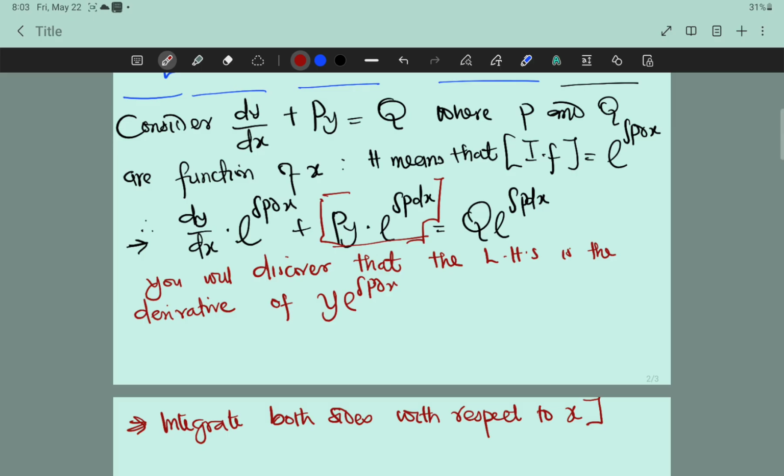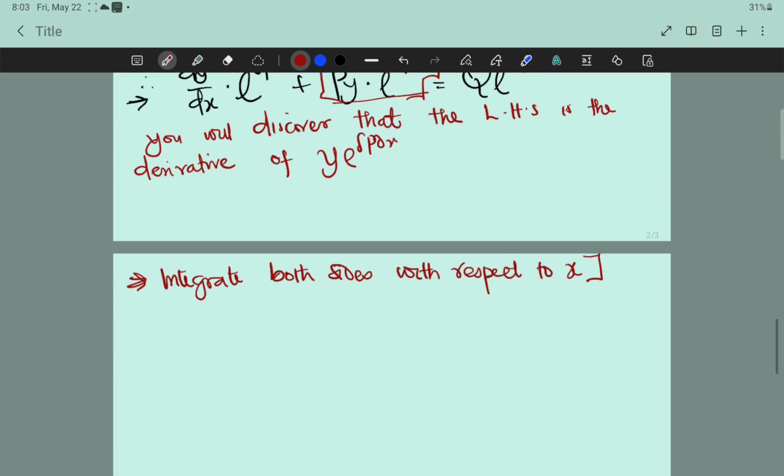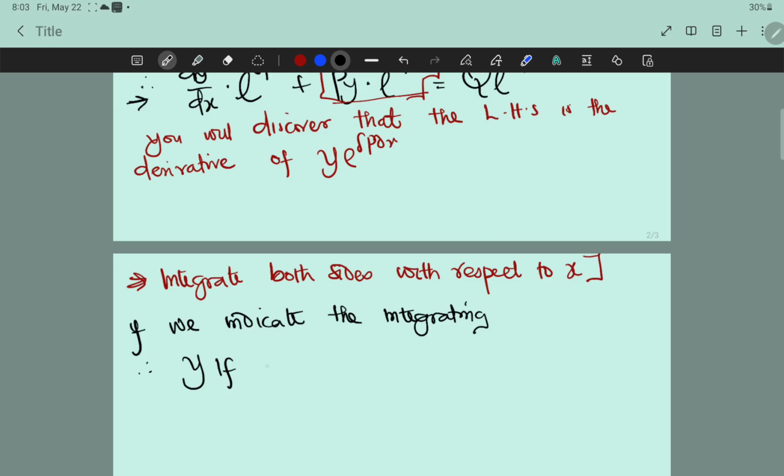So if we indicate the integrating factor, then this means that y times the integrating factor is equal to the integral of q times the integrating factor dx.